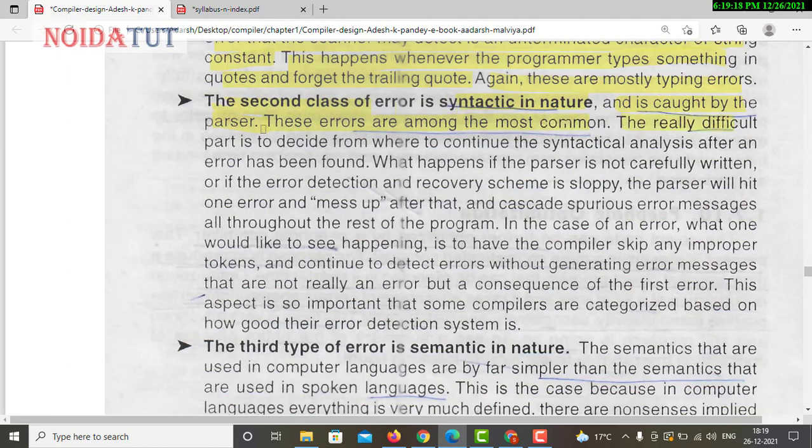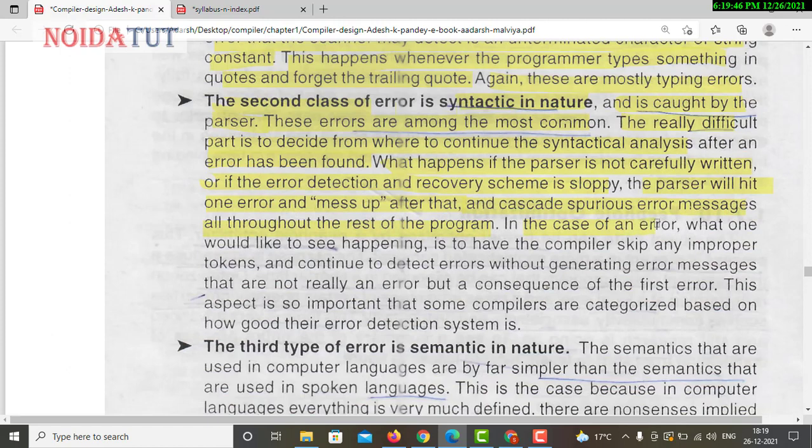The really difficult part is to decide from where to continue the syntactical analysis after the error has been found. What happens if the parser is not carefully written, or if the error detection and recovery scheme is sloppy? The parser will hit one error and mess up after that and cascade spurious error messages all throughout the rest of the program.